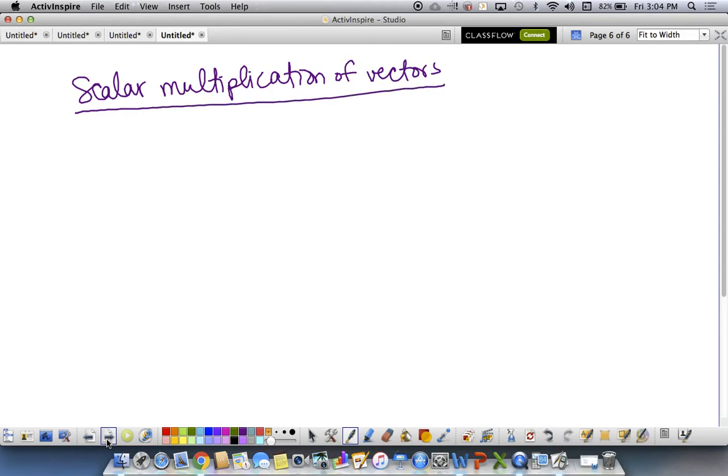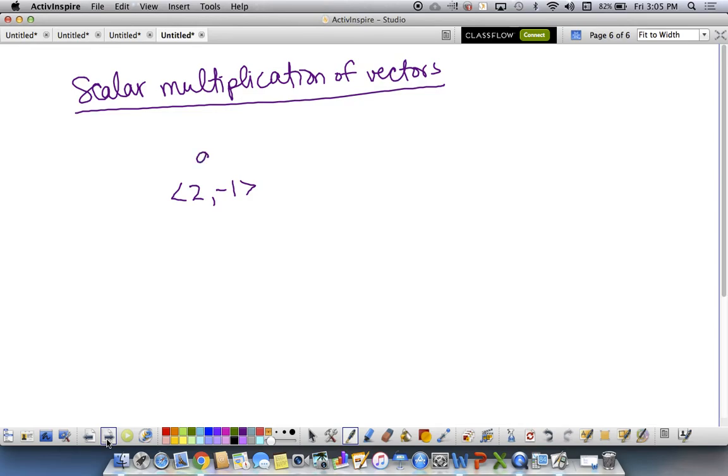So scalar meaning just a number. An easy way to add vectors is to multiply the vector by a constant. So if you've got multiple vectors you want to add that are all the same, like we had Q, the 2, negative 1, but we had 3 of them. What if I wanted to add all 3 vectors together?